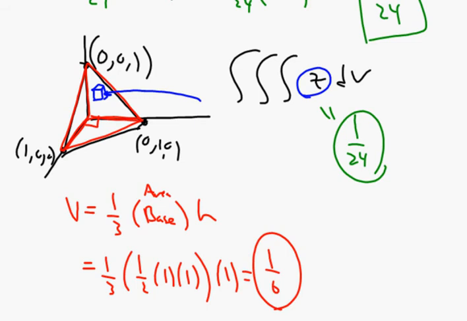So every one of these little boxes in here, these infinitely many tiny boxes that are inside this tetrahedron, got weighted by their z-value. But if you think about all those z-values, all the z-values in this tetrahedron are between 0 and 1. So you're multiplying by decimals. So none of these little cubes got to contribute a full volume. They contributed some fraction of their volume because they were multiplied by the z-value associated with that cube. And then were all added together. So that's why it makes sense that this answer be smaller.